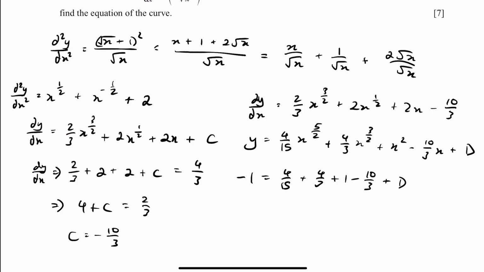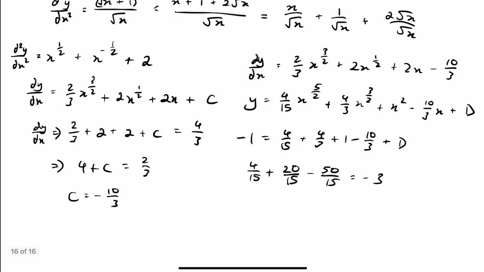So I'm just going to make everything the common denominator of 15. So first, let's just bring the 1s to the other side. So we get 4 over 15 plus, and then 4 over 3 is the same thing as 20 over 15, minus, and then 10 over 3 is the same thing as 50 over 15. And then you have is equal to negative 3.